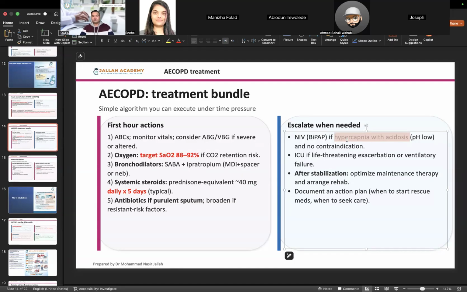I have to escalate to NIV. And if this fails, the next option will be intubation. Remember, intubation comes right after NIV, unless the patient is collapsing, then in that case you have to intubate. ICU if life-threatening exacerbation or ventilatory failure. After stabilization, optimize maintenance therapy, arrange rehab, and document an action plan.